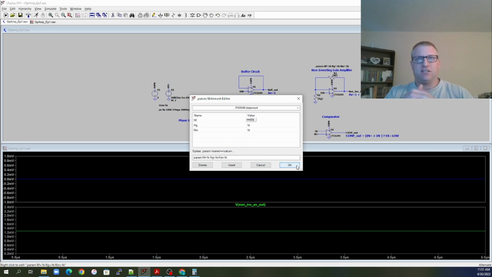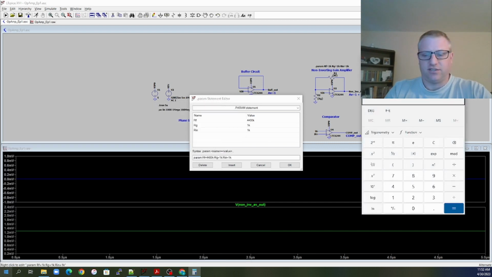this should then take us from 0, right? If our output was 0, if our input was 0, offset voltage was 0, everything was good. This is a 4400 gain amplifier. And so we may have to actually adjust our sine wave input. Let's bring up our calculator again. So we don't want to go above 4.4 volts.